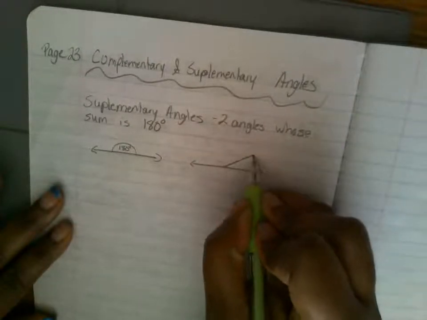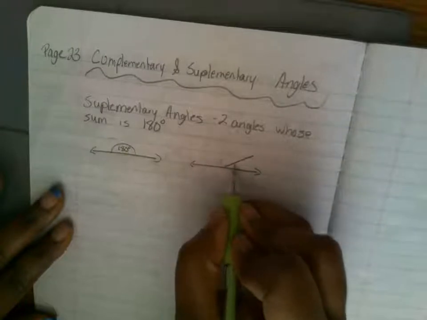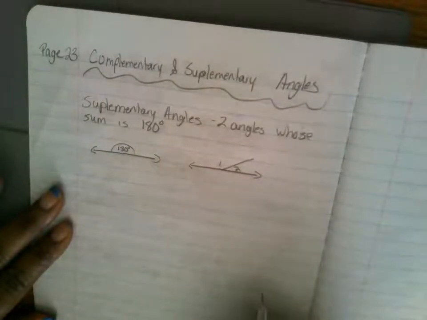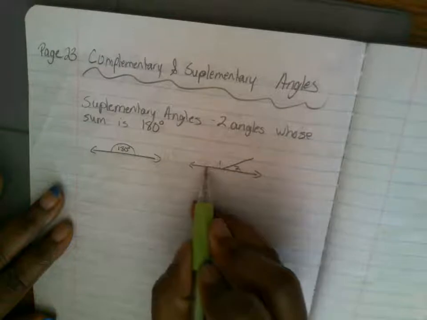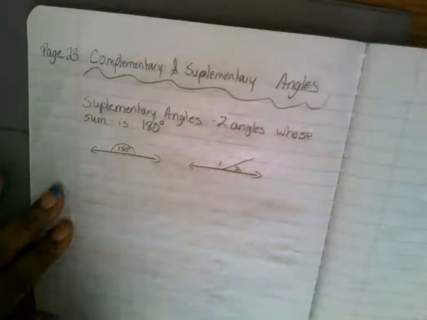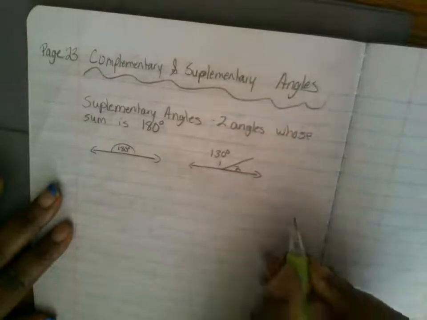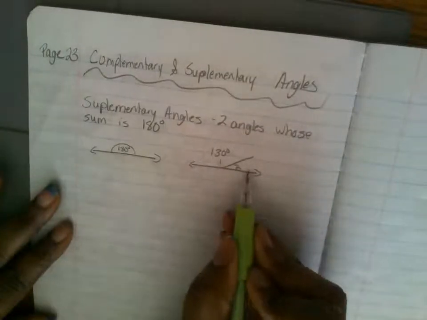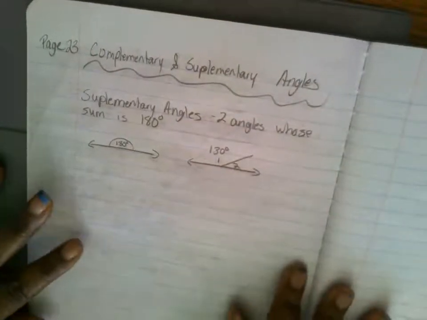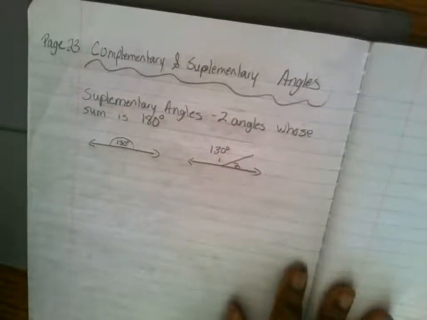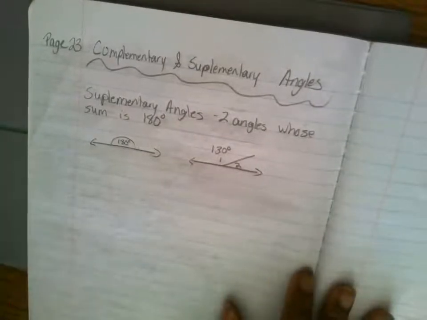If I have two angles, this is angle 1, this is angle 2, and we can see that they form a straight line, and one of the angles is 130 degrees. What would the measurement of the other angle be? Any ideas of how to even find it? Any ideas?